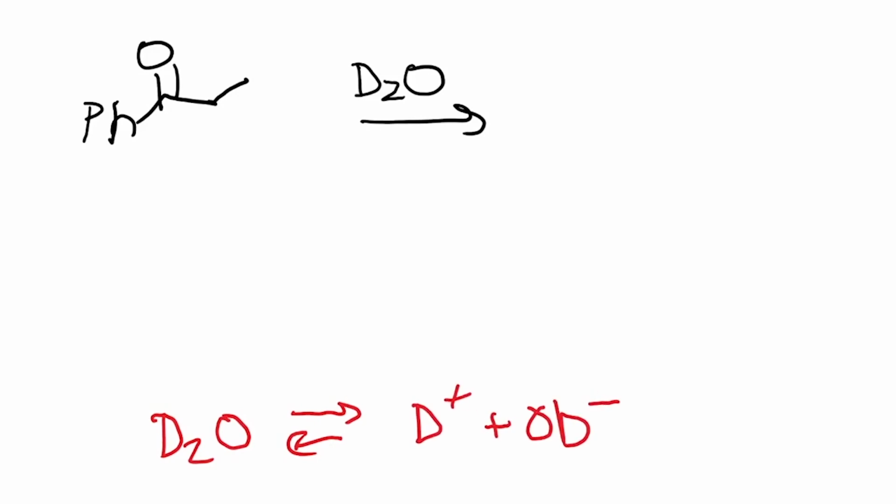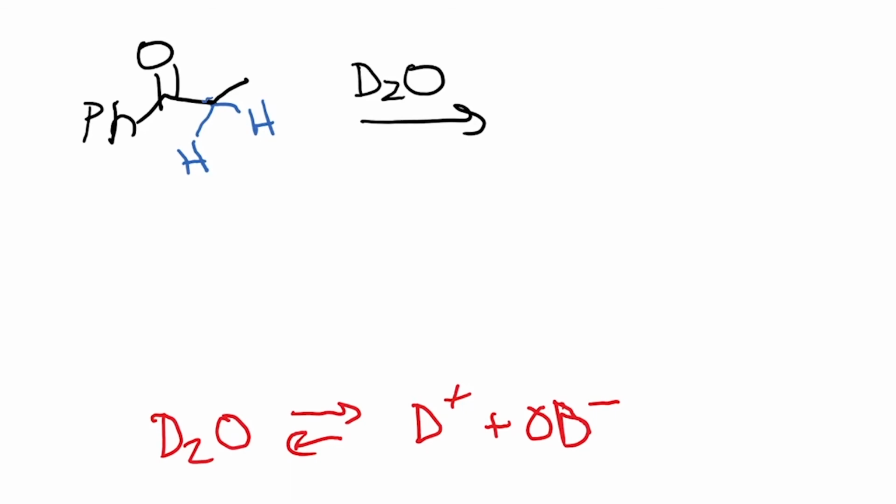Much like water, the amount of D plus and OD minus is very low, but yet it is present in solution. So when we do an experiment in D2O, it becomes a good source of D plus and OD minus. When I dissolve this compound in D2O, I record the NMR spectrum.